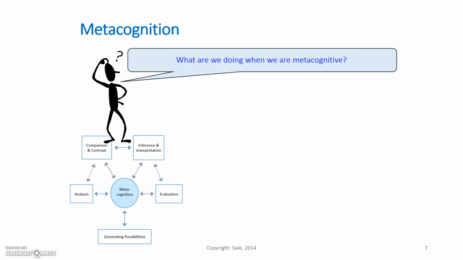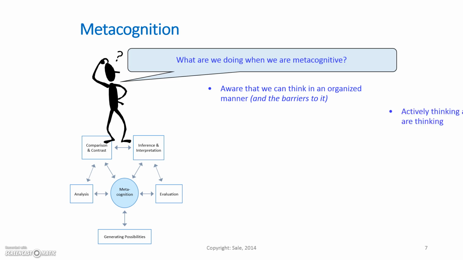Metacognition. Let's spend a little bit more time on this because this might be less familiar to some of you. First of all, as human beings, we can be aware that we can think in an organized manner, and we may also, or should be aware, that there are barriers to our thinking, which we will look at later in the tutorial.